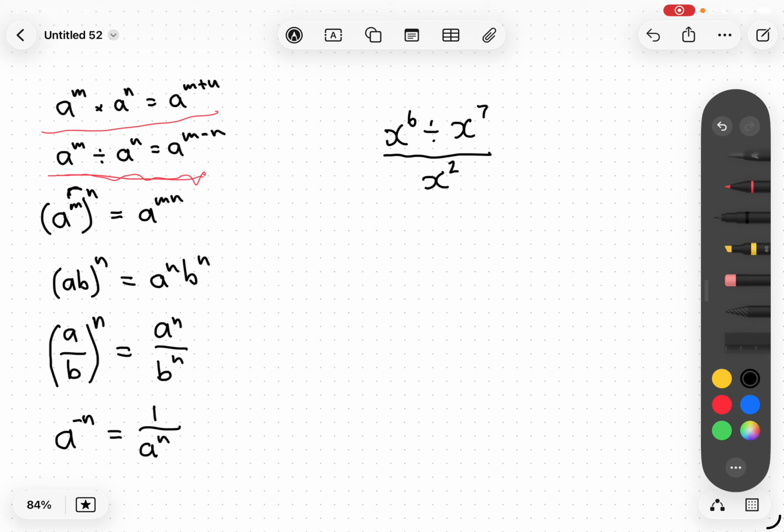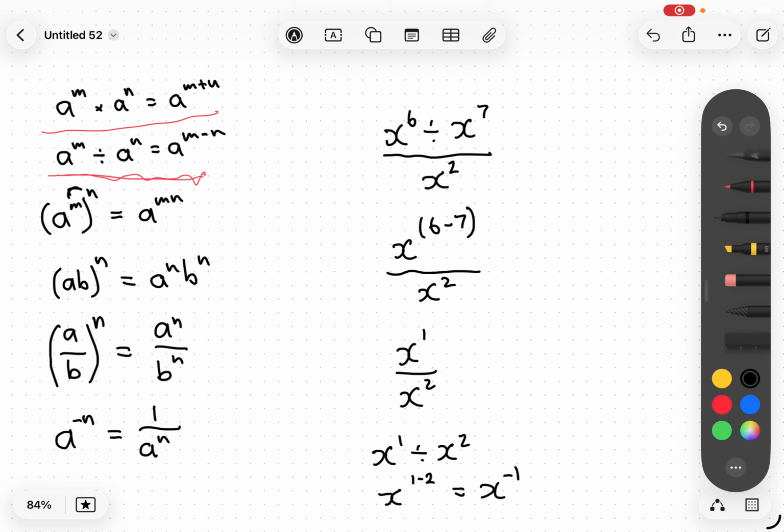So because there's a divide there, we can write the top as x to the m minus n, so 6 minus 7 on x squared, which we can then write as x to the negative 1 on x squared, and then we have our divide again, so we can write that as x to the negative 1 divided by x squared, which is x to the negative 1 minus 2, equal to x to the negative 3.